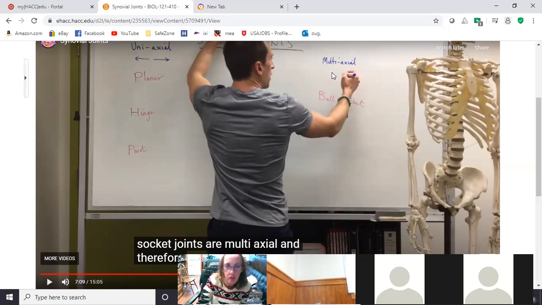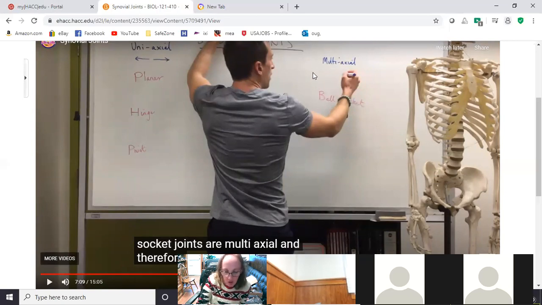Which ones are probably the most stable when it comes to not getting damaged? Uniaxial. Right. Which ones are the least stable? Multiaxial. Correct.